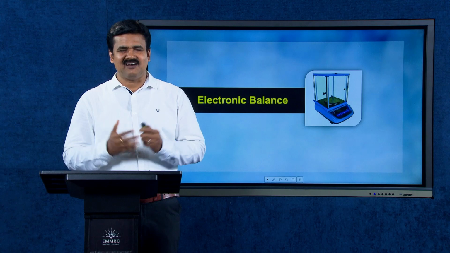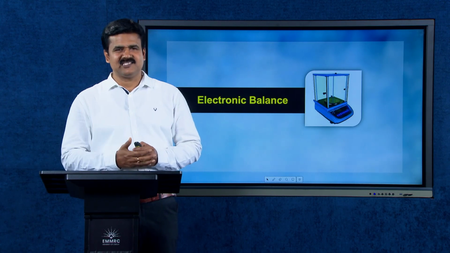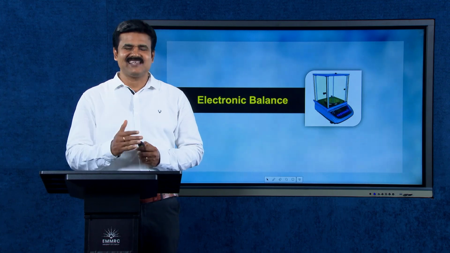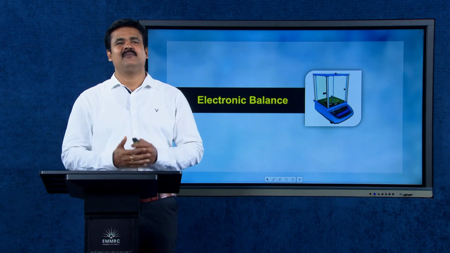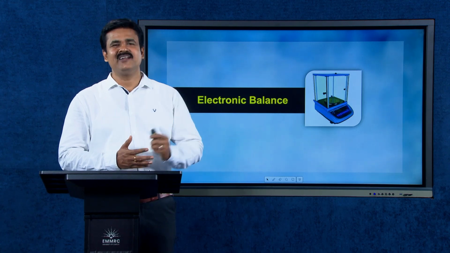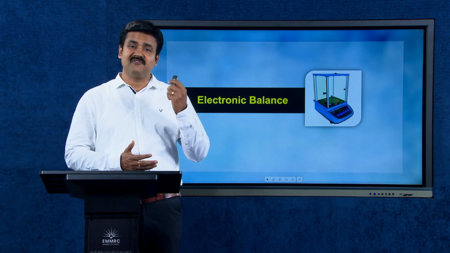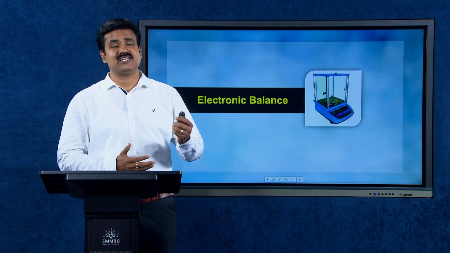We can have a demonstration on the electronic balance after we see the common balance. We can now see an old common balance which was previously used in every type of analytical chemistry laboratory.